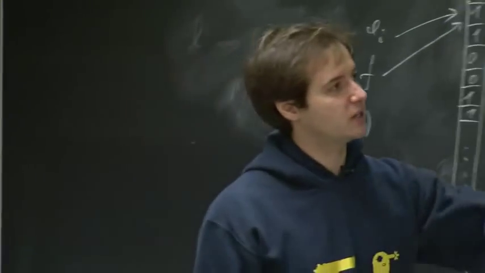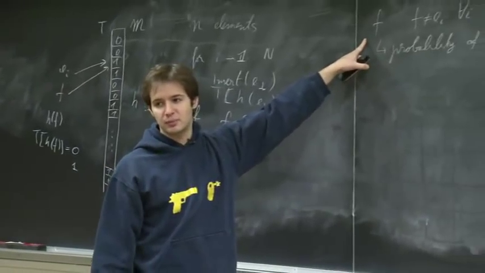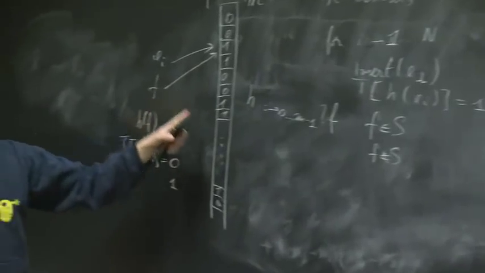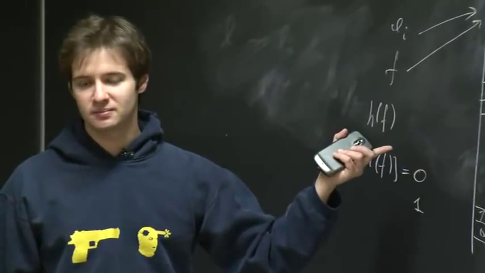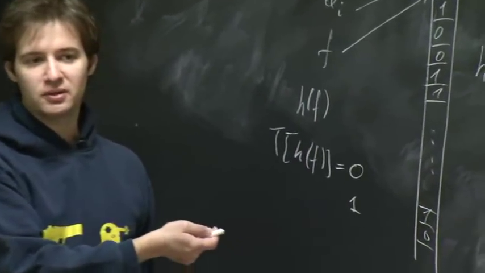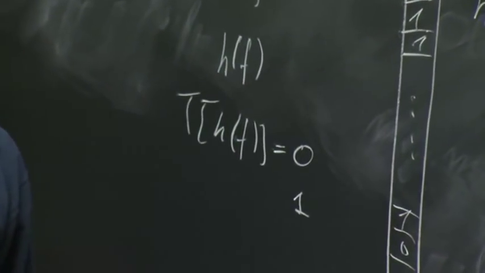We don't really care about those anymore after we have the independence assumption. So h of f is just some random position in the table. So the question is, given some random position in the table, will that be a 0 or a 1?